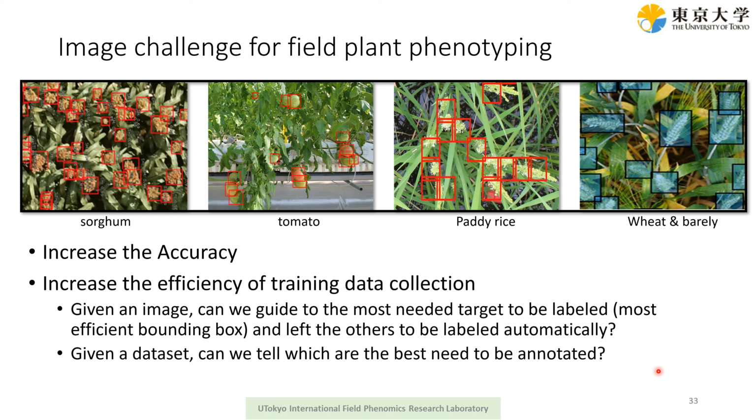And also, given a data set, for example, if you have 1,000 images, can we tell which are the best images to be annotated? Not all of them, just a part of them is good enough, based on our previous research, but we have to make sure which ones would be the best to annotate.